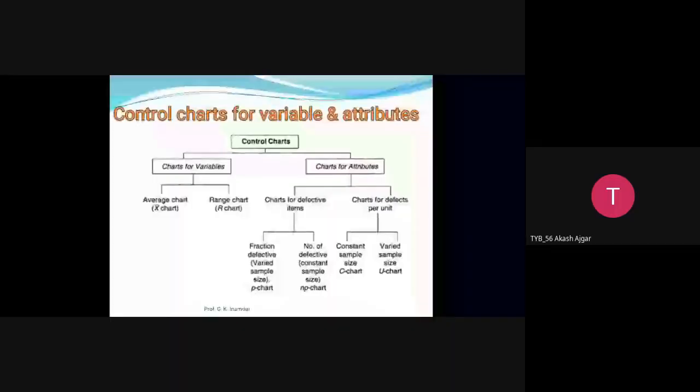So as compared to variable charts, in attribute charts all information is already available, and it is very simple to understand and provides an overall picture of quality history. Basically, attribute charts are easy to understand, easy to draw, and provide overall information regarding quality history.